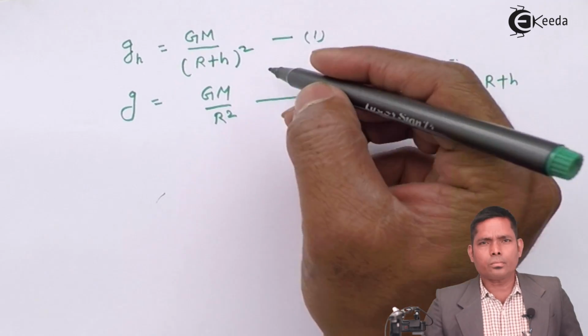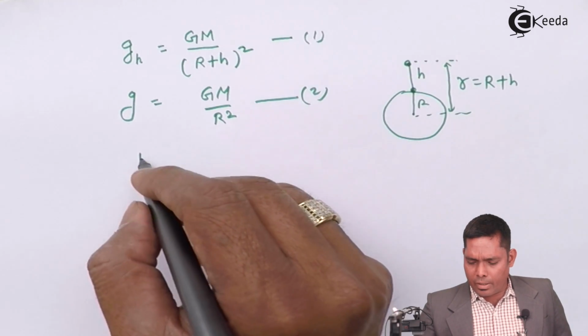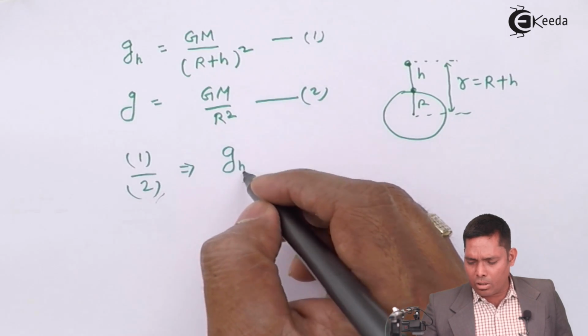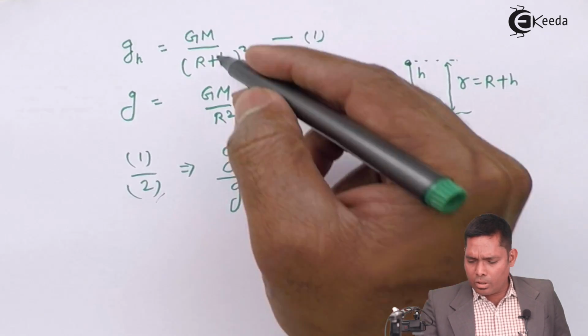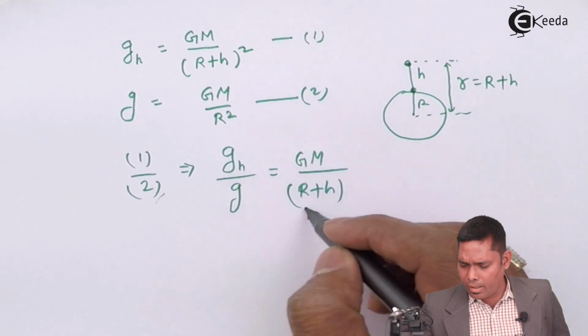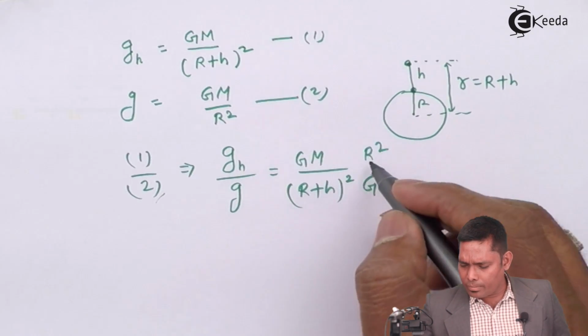Dividing these two equations, what I'll get? Dividing equation 1 by 2, I'll get g_h over g equals GM over (r plus h) the whole square divided by GM over r square.